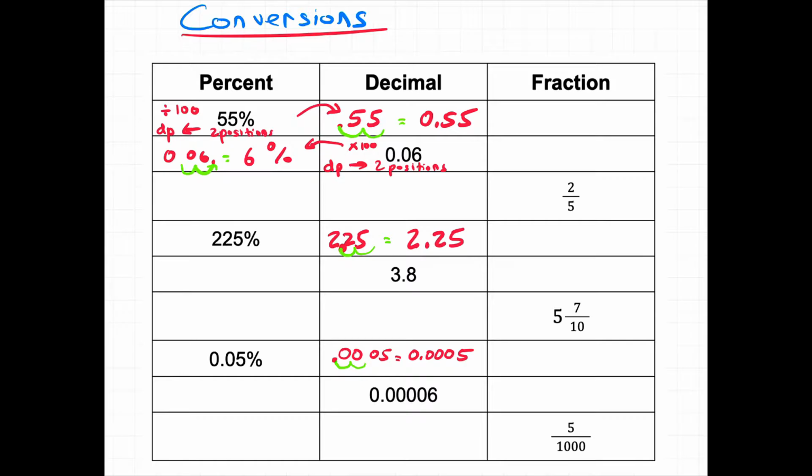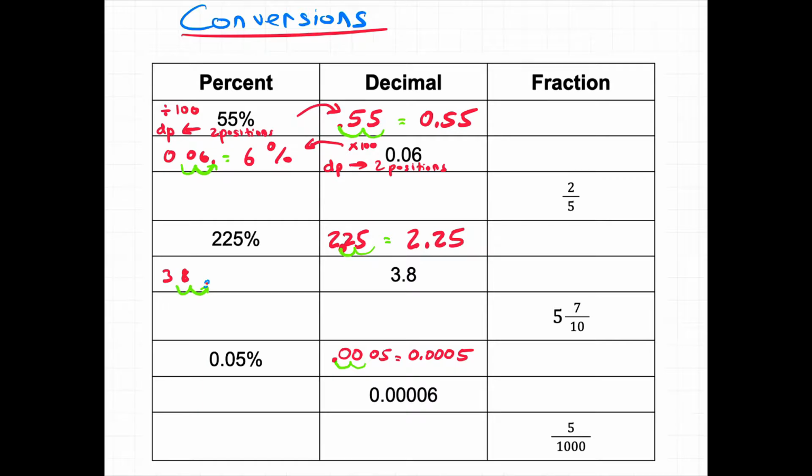All right, let's move down to line number 5. We have 3.8, the decimal number 3.8. Again, we're going to take that and we're going to multiply it by 100, which is going to move the decimal 2 positions. So this is going to go, do that again, 1, 2.